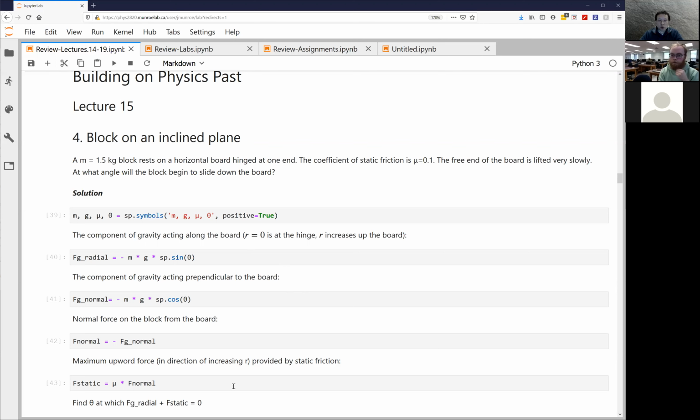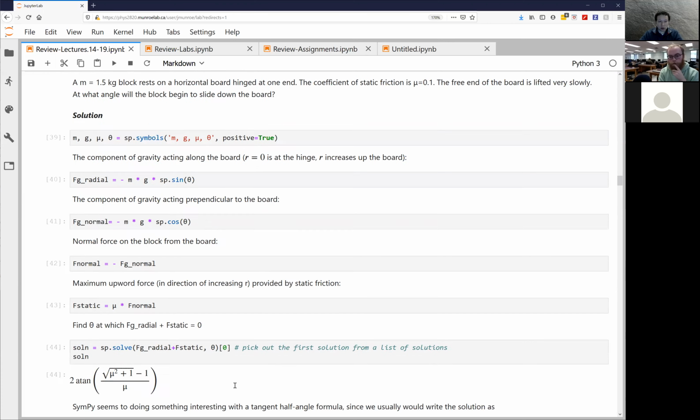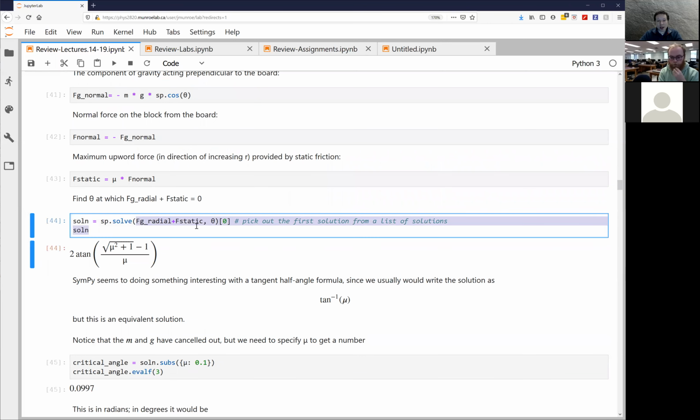And what we're doing is we're constructing an equation. At the end of the day, there's going to be some equation. If it's in equilibrium, the sum of the forces equals 0. And I'm solving that system of equations for the angle at which we're no longer in equilibrium. If I've got an inclined plane that I raise up to a certain angle, at some point, the forces are not going to be in equilibrium anymore, and a block on that inclined plane is going to begin to accelerate.